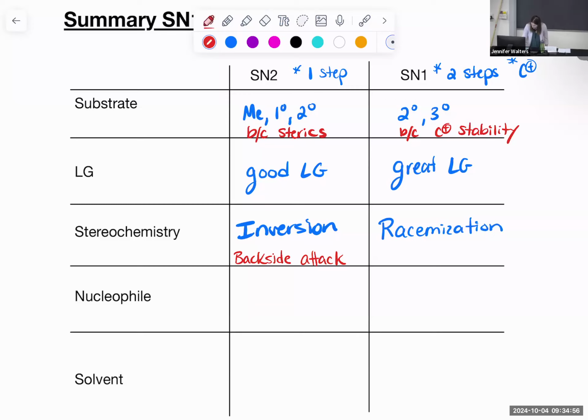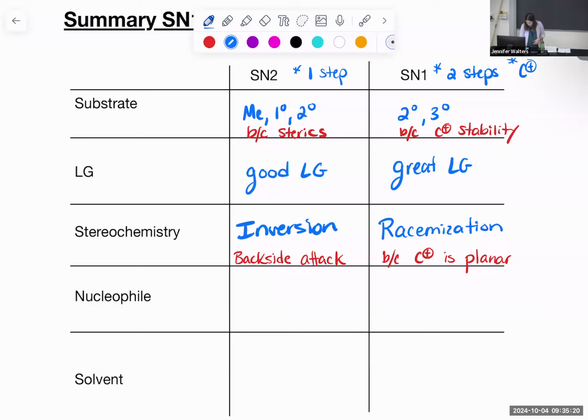And that was because that carbocation is planar. So you could attack from either side. So you got a mixture of front face attack and back face attack. You got a mixture of the wedge and the dash. So you'd have racemization anytime you make that carbocation. It destroyed our stereochemistry.